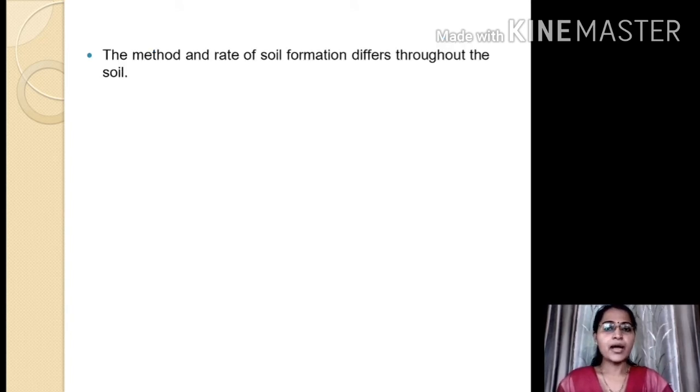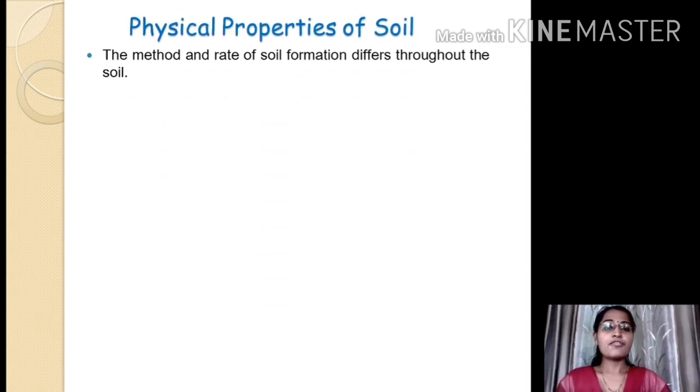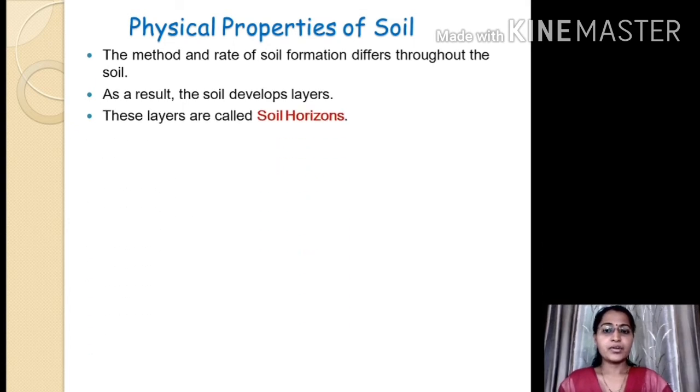The method and rate of soil formation differs throughout the soil. That means we want to focus on a new point, that is physical properties of soil. As a result, the soil develops layers, and these layers are called soil horizons.